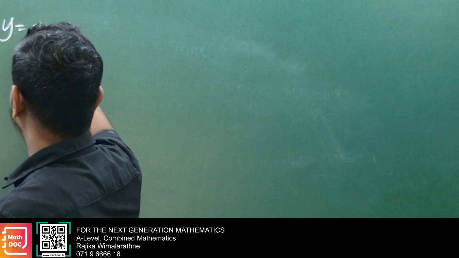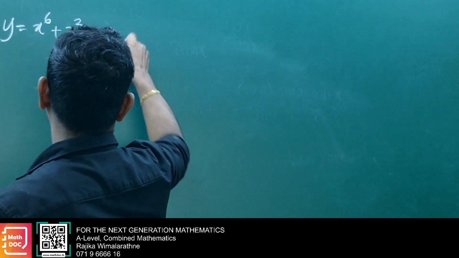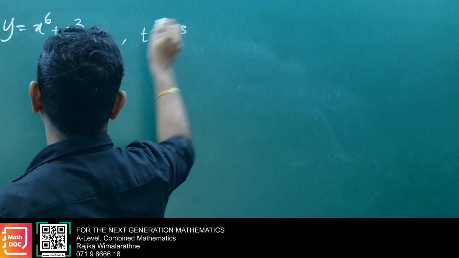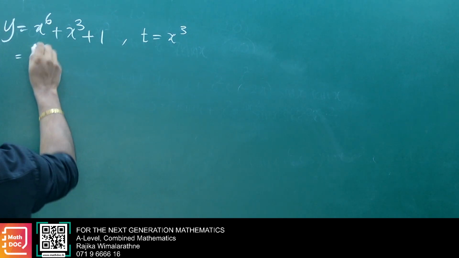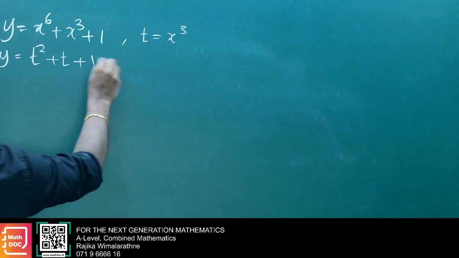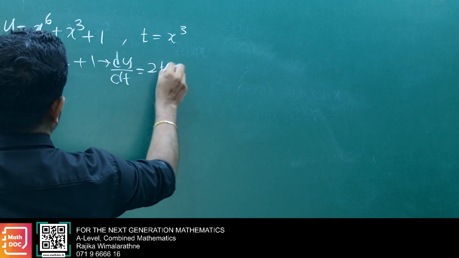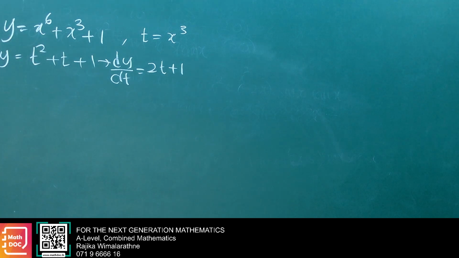Then y equals x to the power 6 plus x cube plus 1, to be differentiated with respect to x cube. Then it is t squared plus t plus 1, so dy by dt is 2t plus 1.